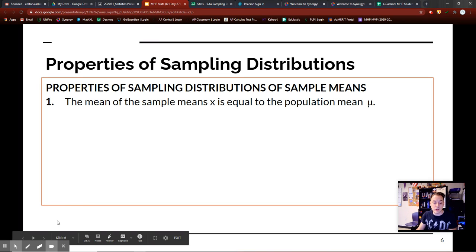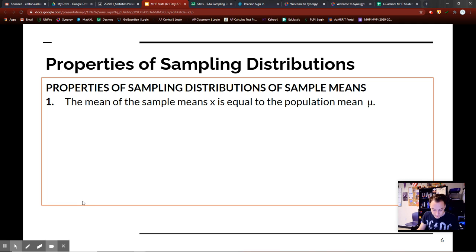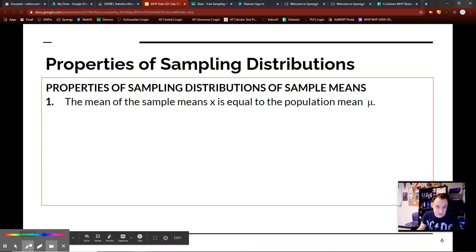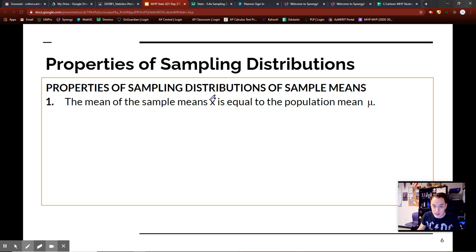Here are the variables that I was just talking to you about. The mean of the sample means, x bar, should be mu sub x bar, which is equal to the population mean, which would be mu.